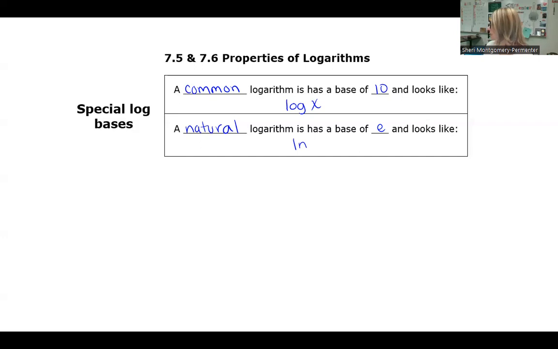It's 2.718 and so on. It sounds weird, but Euler is spelled with an E. I know it sounds weird; that's not how you would think to say Euler.